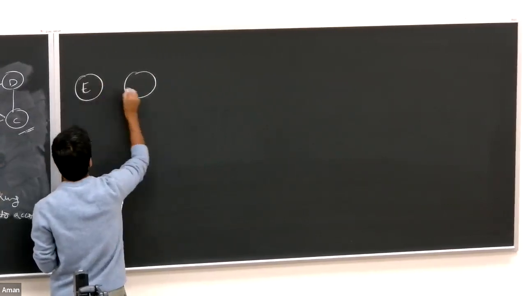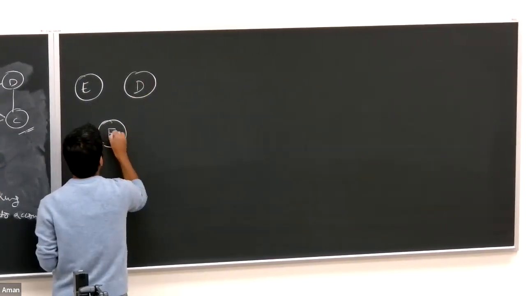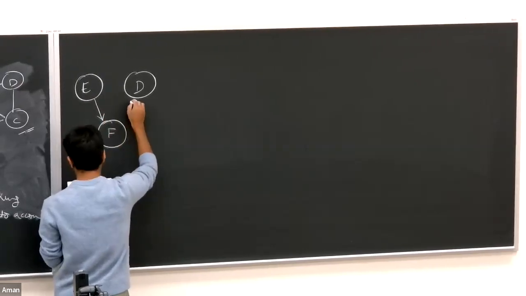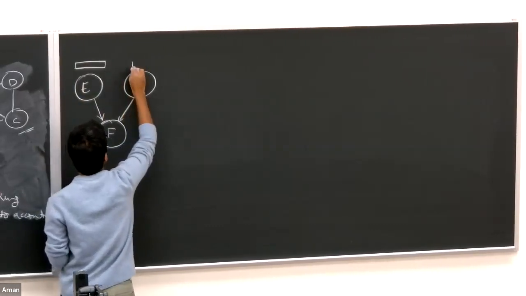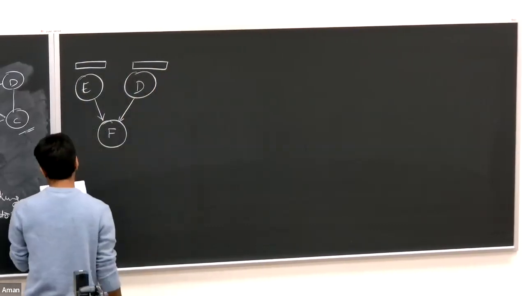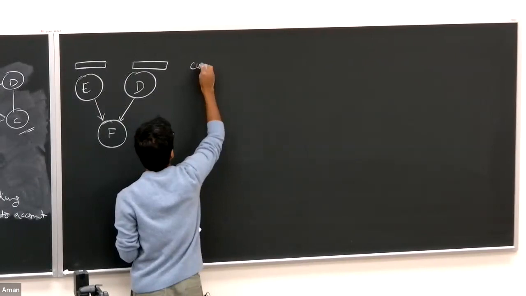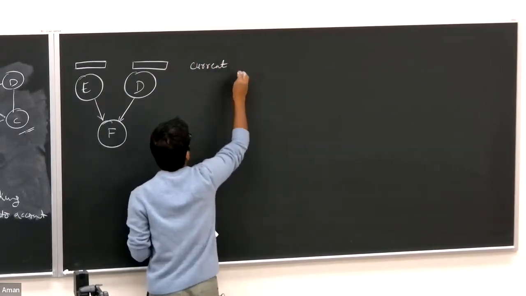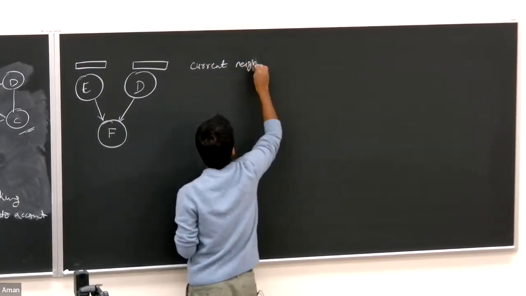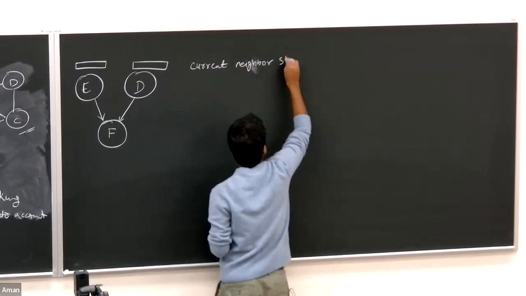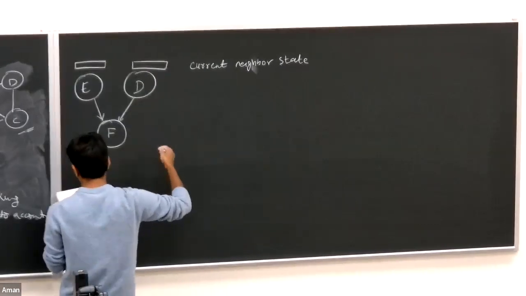We have E, we have D, and we have another node F. This is the representation, and these are the current neighbor states, which is the vector representation at this time.